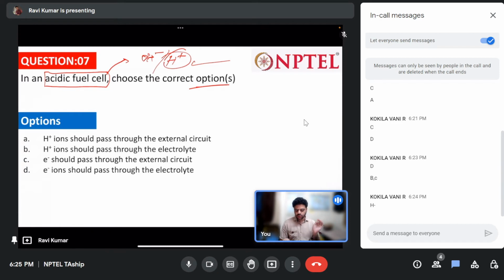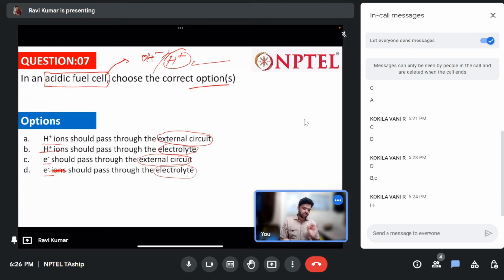Sorry, these are the options. Hydrogen ion should pass through the external circuit, or hydrogen should pass through the electrolyte, or similarly electron should pass through the external circuit, or electron should pass through the electrolyte, not ion. So among hydrogen and electron, which one flows through the external circuit and which one flows through the electrolyte?